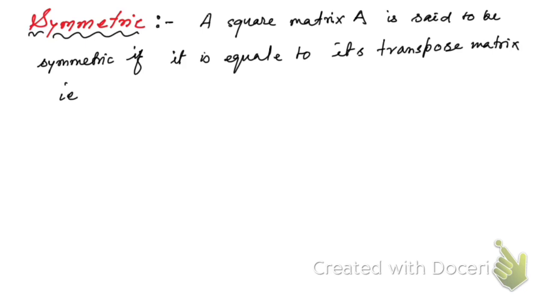That is, A is equal to transpose of A. Transpose of A is also written as A dash.